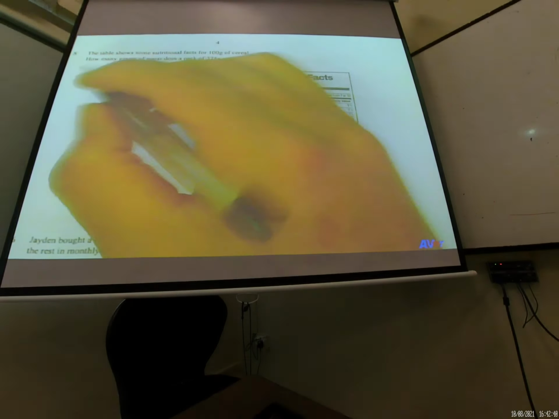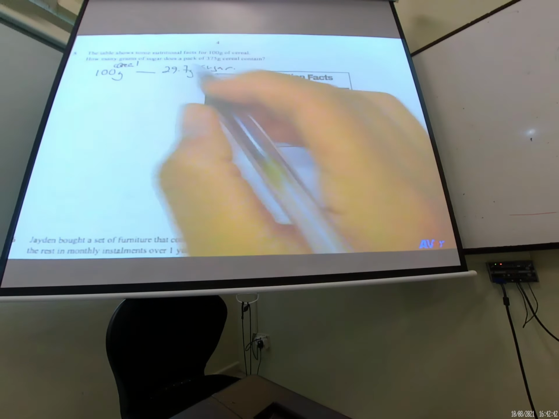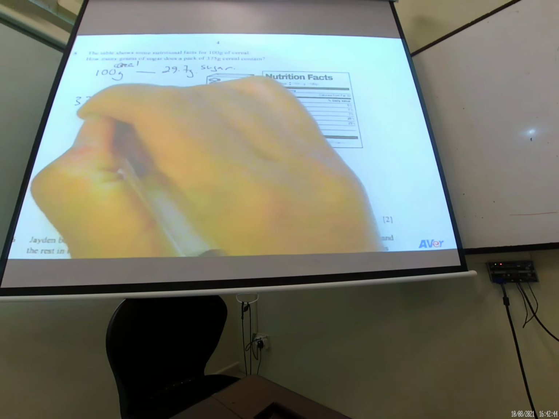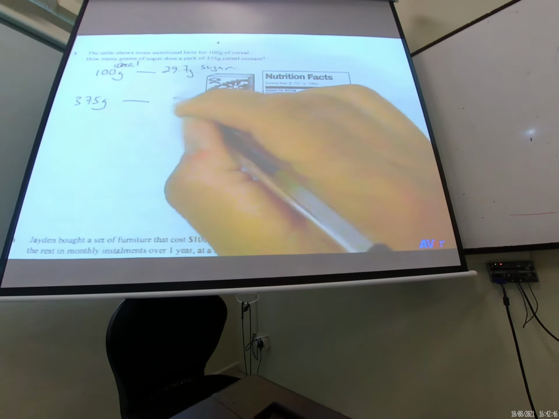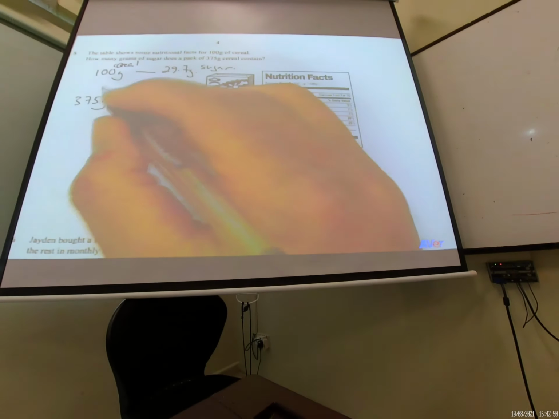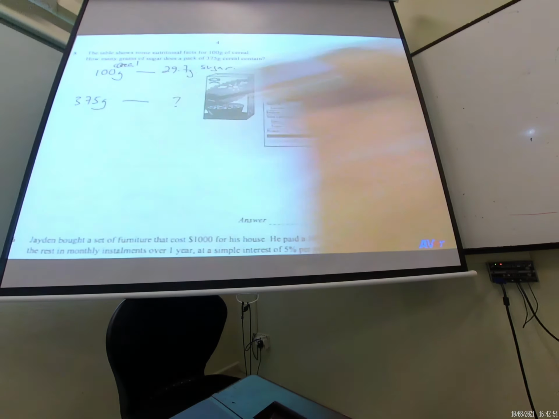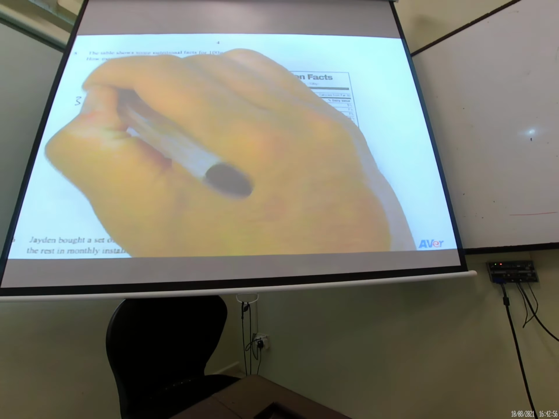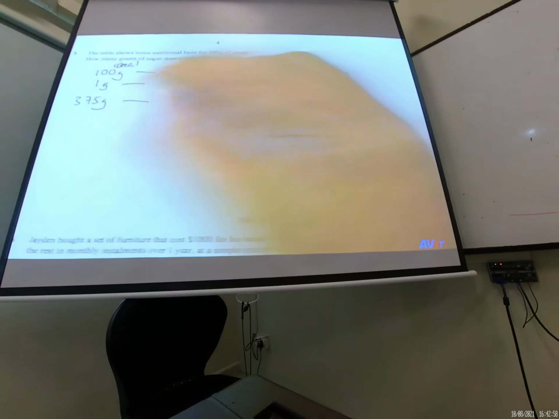Okay, so if I want 375 gram of cereal, how much sugar will I have? We don't want 100 gram, but we want 375 gram. One easy way will be we first find how much 1 gram has.